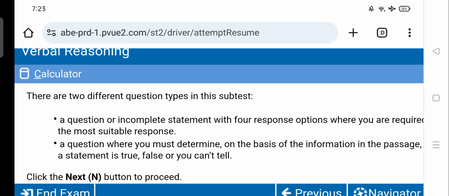Next, a question can be in the form of a passage with information given, and you have to tell whether that information is true, false, or you can't tell. I hope you understand which types of questions are included in this subtest. So click the next button to proceed.